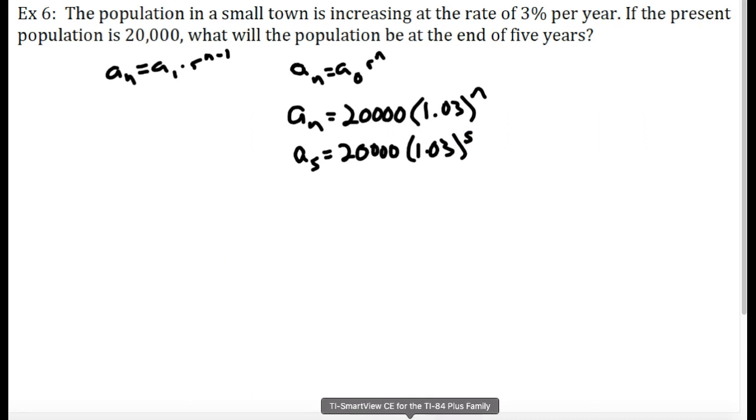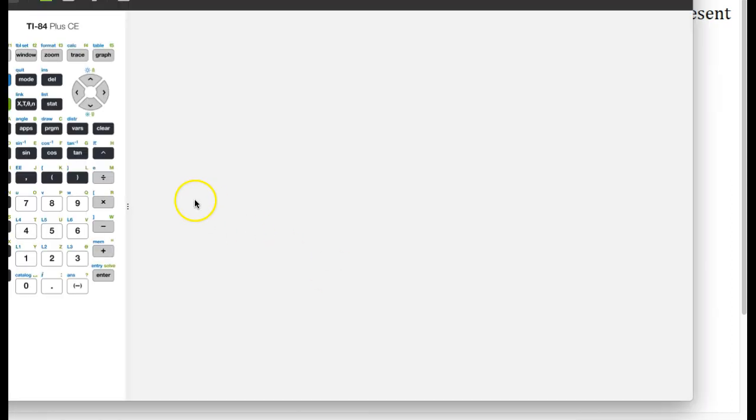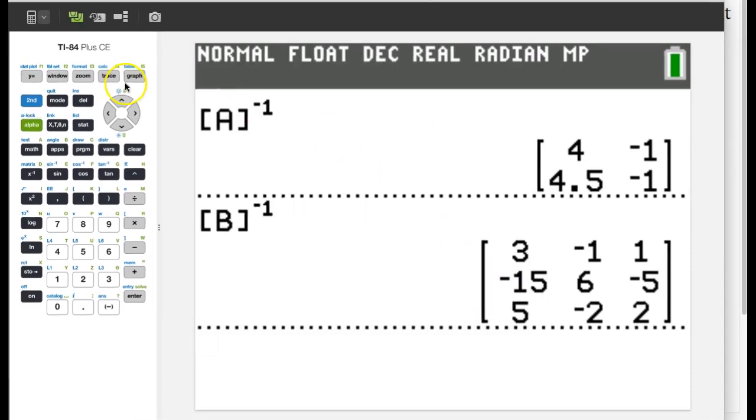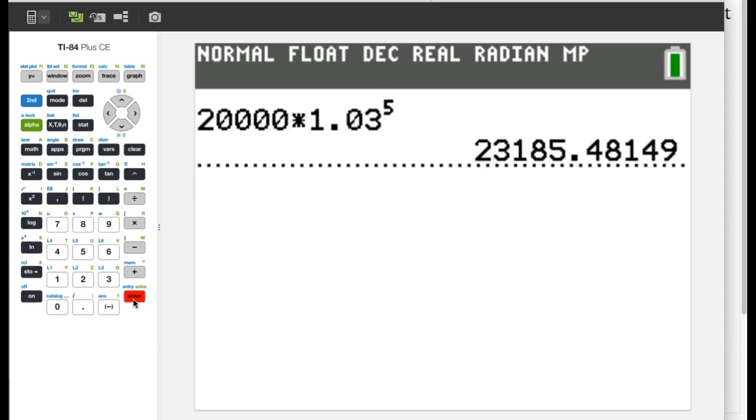And let's get the calculator up for that. So 20,000 times 1.03 to the 5th power gets me about 23,185.